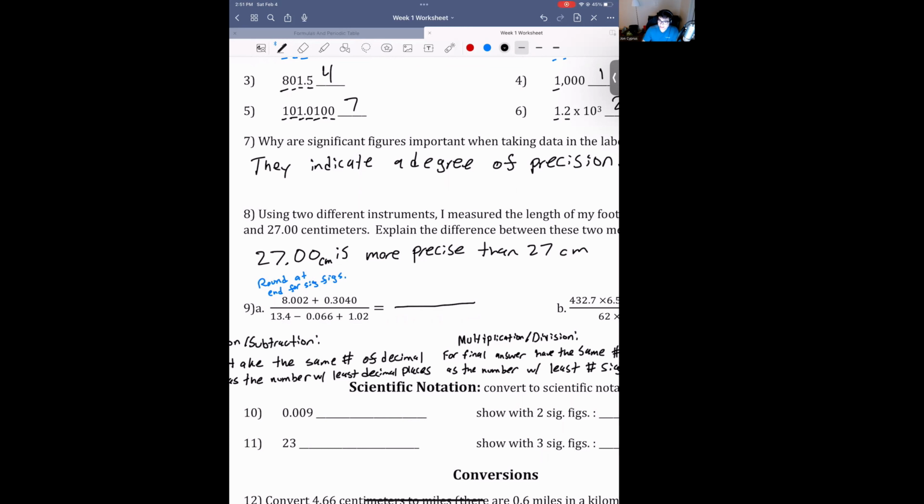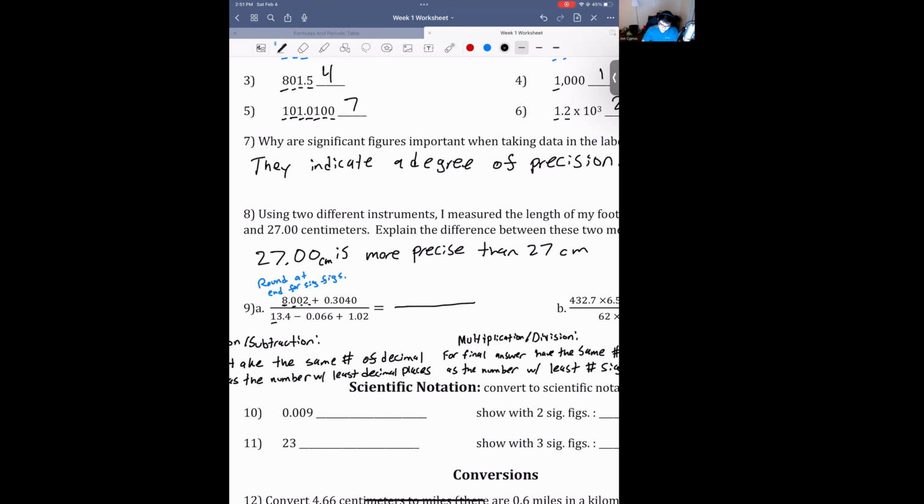Let's see which one has the least number of sig figs. On the top, we would have 3 decimal places. That's where we would stop because this one has 4, and we're taking the least amount of decimal places when adding these. So we'd have 3 decimal places with an 8 out front. That would be 4 sig figs.